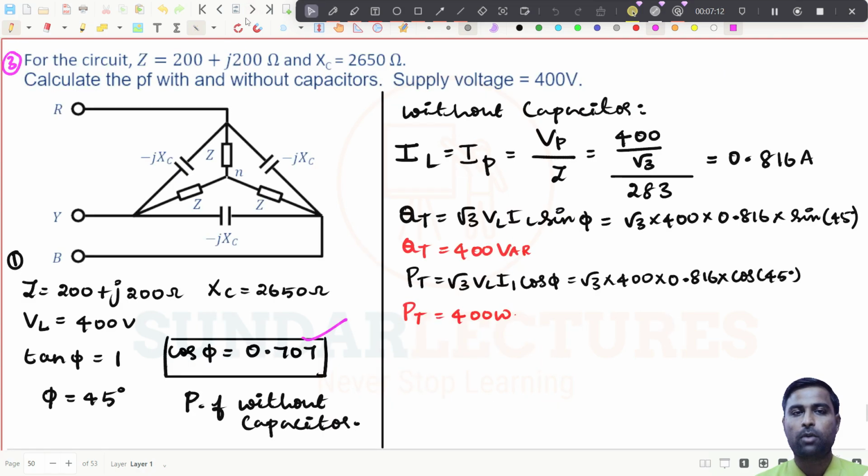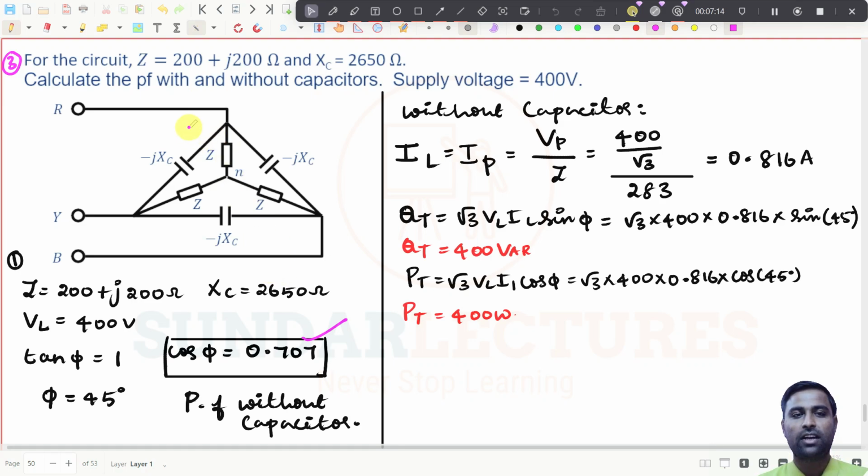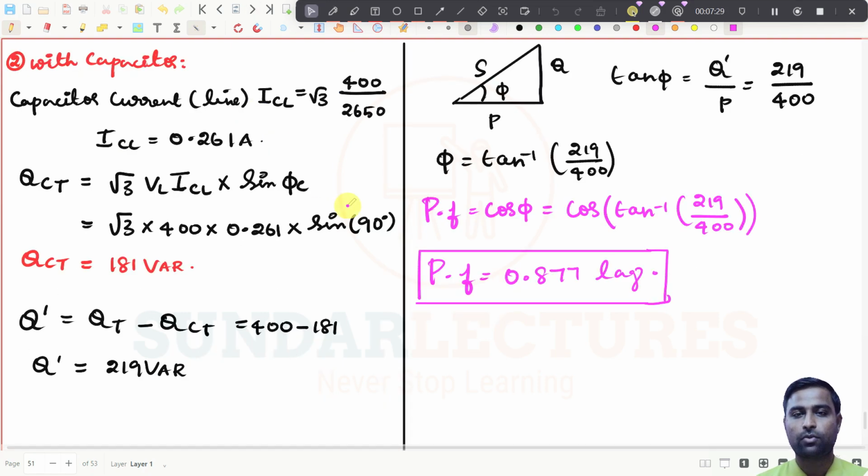And this problem is very important. If a star connected load is connected like this, and the power factor is 0.707, if I connect the capacitor in this manner, then what will be the power factor improvement? That is the question they asked. We found that it will be 0.877.